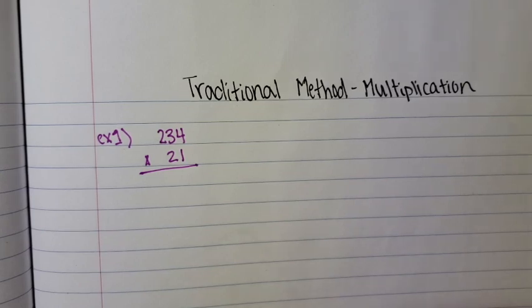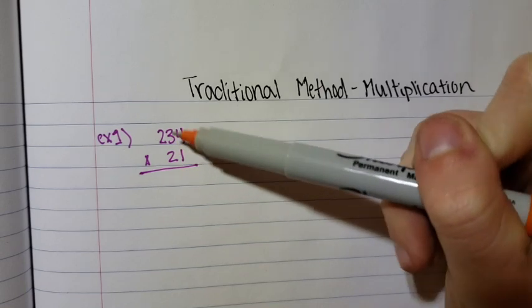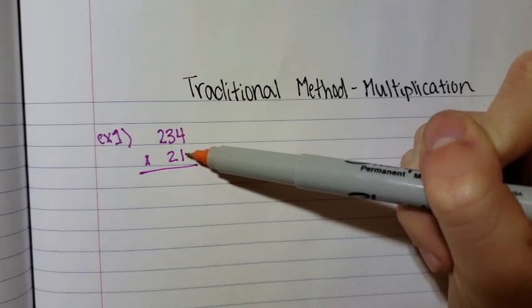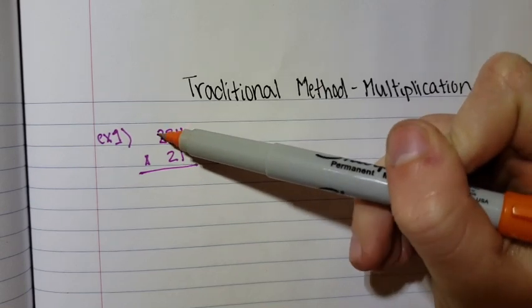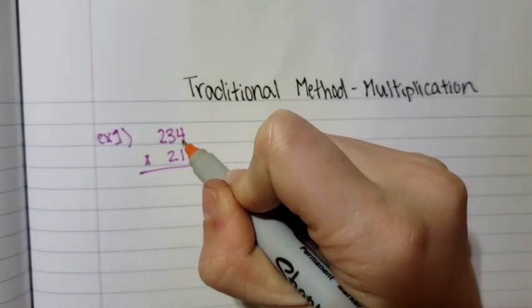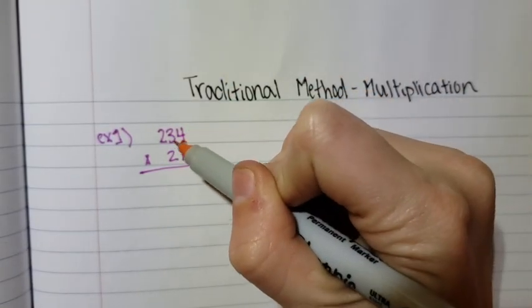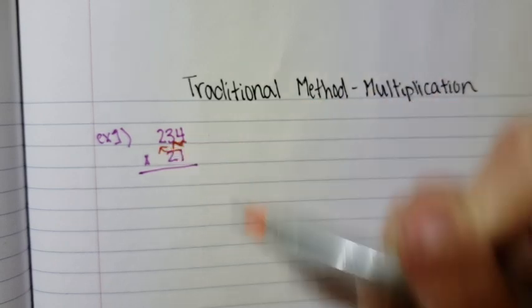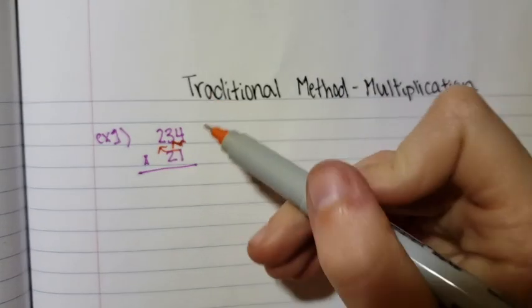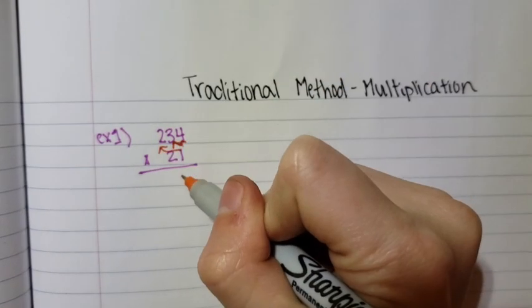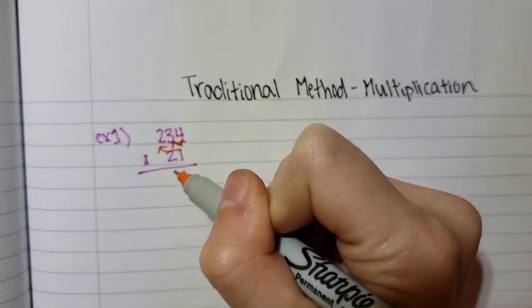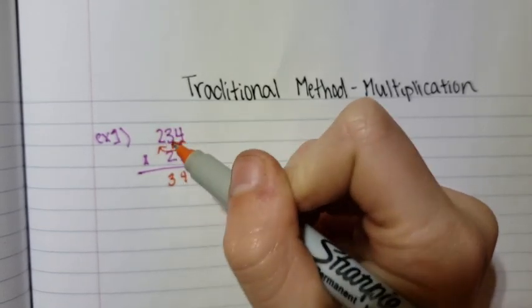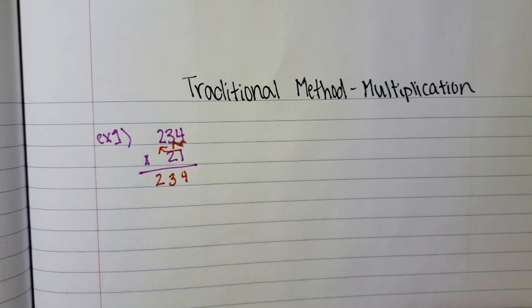So the very first step is you're going to multiply the bottom number's last number, so in the ones place, by every single number on top. So we're going to multiply the 1 by 4, the 1 by 3, and the 1 by 2. So 1 times 4 is 4, 1 times 3 is 3, and 1 times 2 is 2.